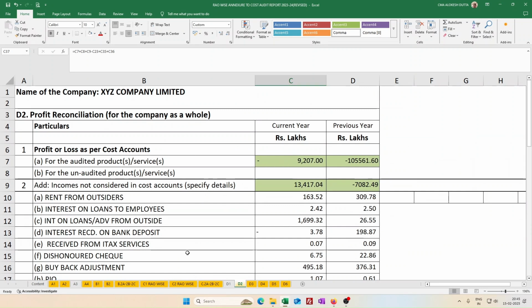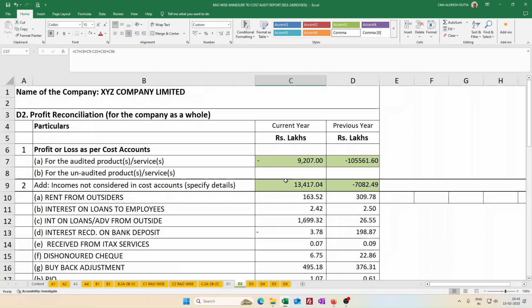This reconciliation is coming from your profit and loss account and your cost records, what you have prepared. That is C2, and D2 is the main thing. You have to work hard. The other parts come from profit and loss and balance sheet; just the figure is to be kept.